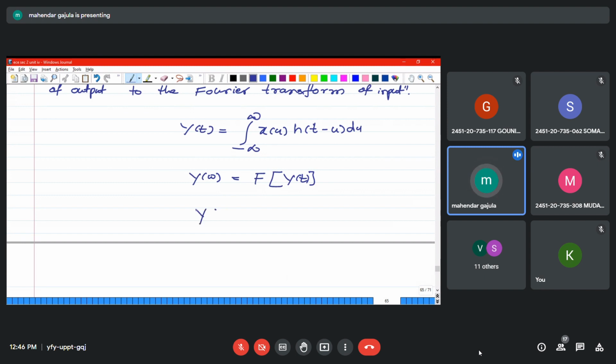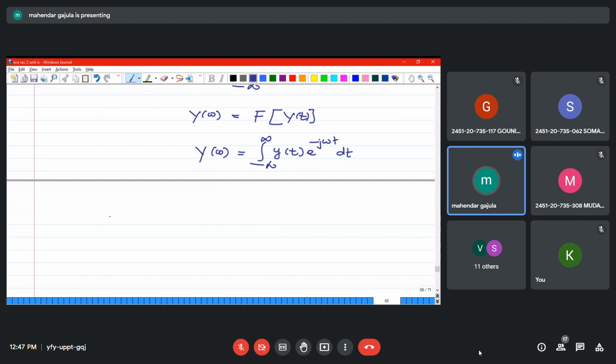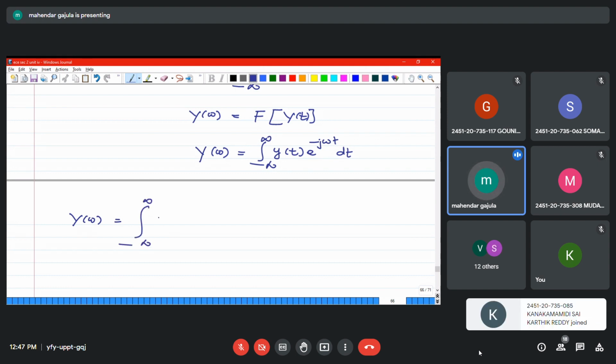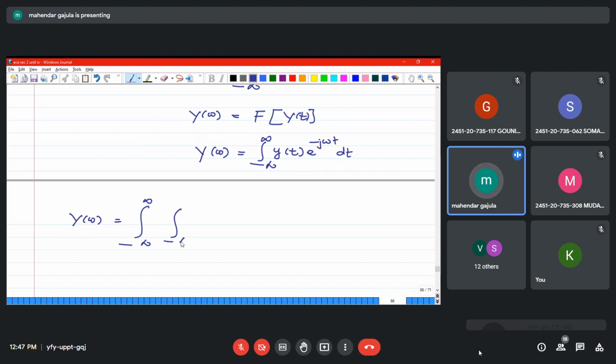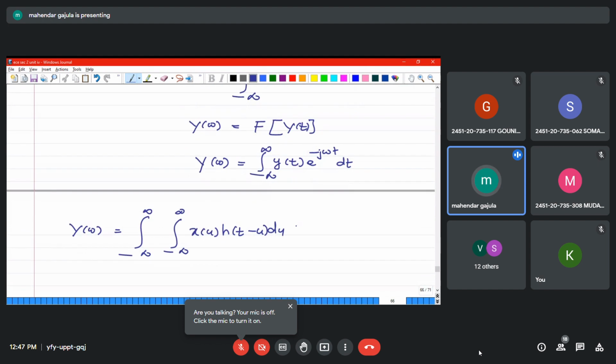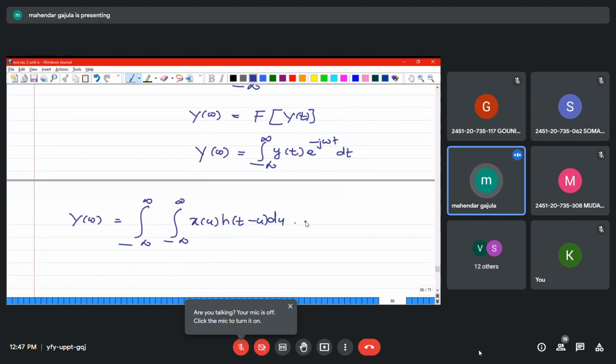Y omega is the integration from minus infinity to plus infinity y(t) e power minus j omega t dt. Substituting y(t), it is the integral of x(u) h(t minus u) du, times e power minus j omega t dt.